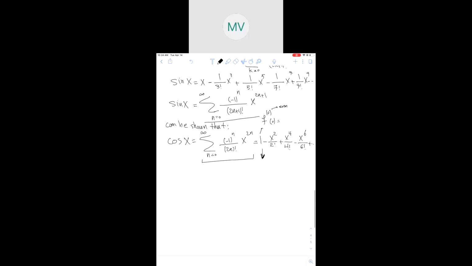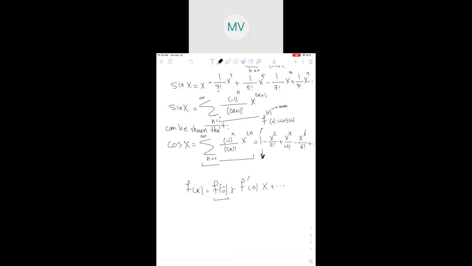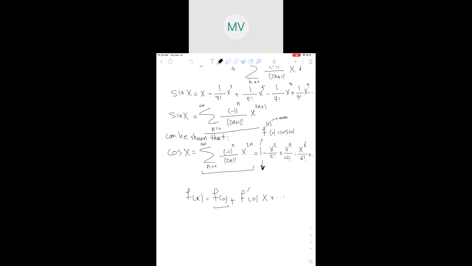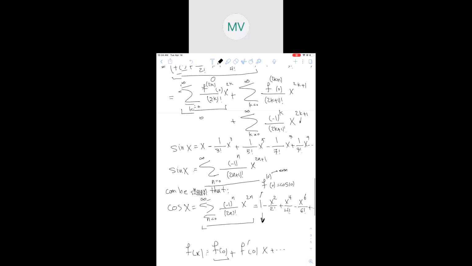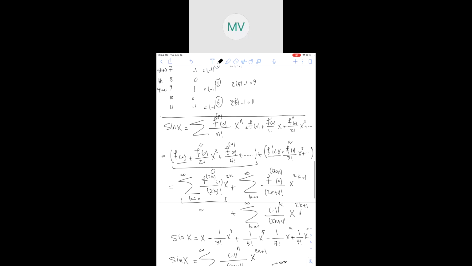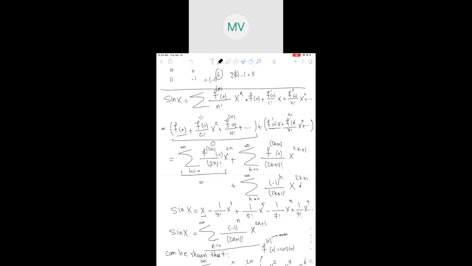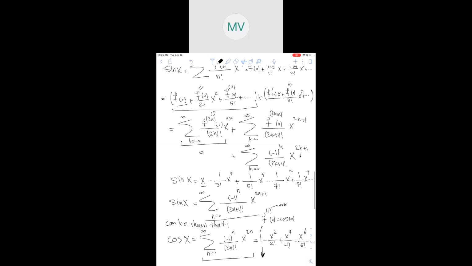In fact, this is nothing but cosine at 0. Remember, in any power series, the first term is f of 0 plus f prime of 0 x plus so on. So the first term is the value of the function at 0. So cosine of 0 is 1. That's where it's coming from. But what is sine of 0? Sine of 0 is 0, so that's why the first term is not 0. The first term is x. Okay?